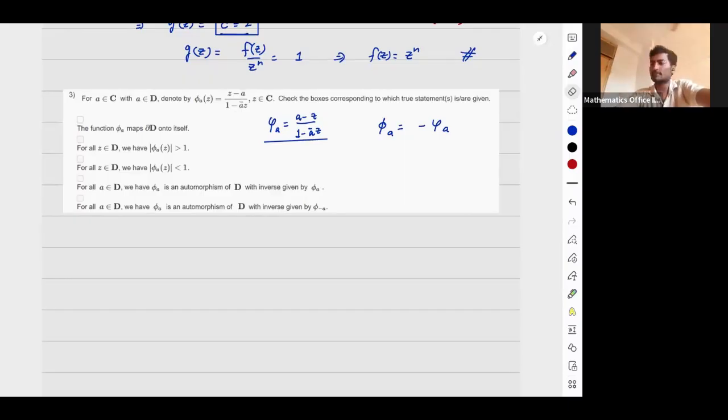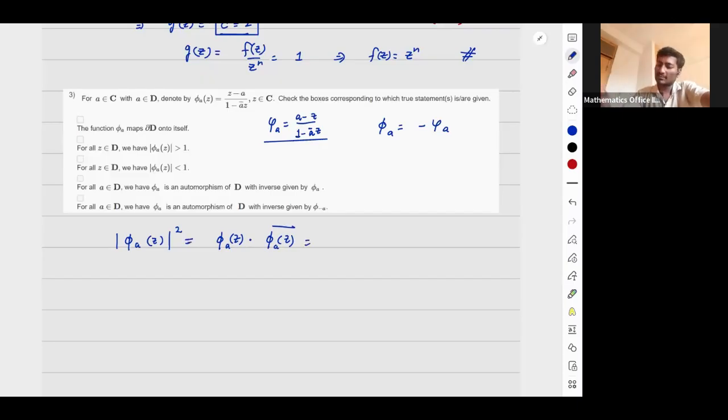Let's see. We are going to calculate modulus of phi z squared, and then we will manipulate something. I hope we get our correct choices. Phi a of z, this squared is equal to phi a of z into phi a of z bar. This is some rule of complex analysis.